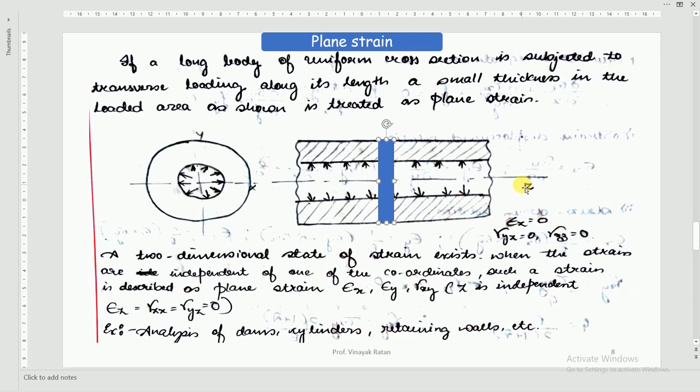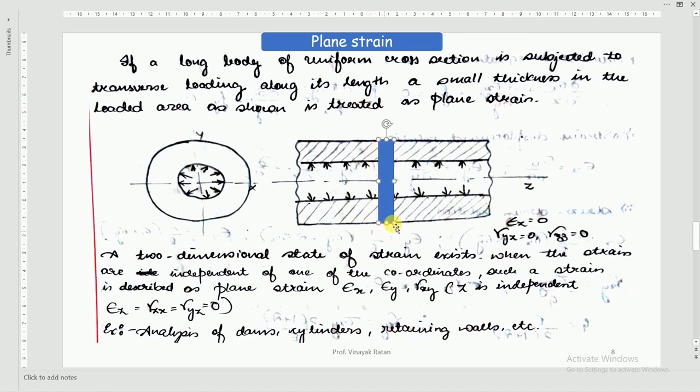Got it, everyone? So if a long body of uniform cross section is subjected to transverse loading along its length, a small thickness in the loaded area as shown is treated as a plane strain problem.